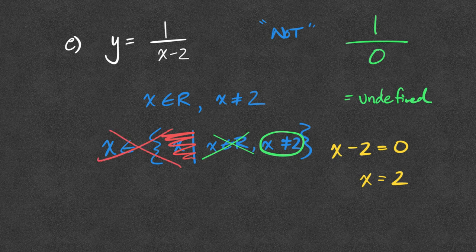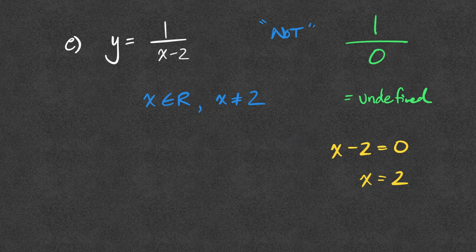And if you shrink down that whole statement, I would be fine with you just giving me that your domain is that x cannot equal 2. If you tell me what it can't equal, we will all assume it is everything else. And I think that's a fair assumption to make for us. Okay, there we go. There is your domain.